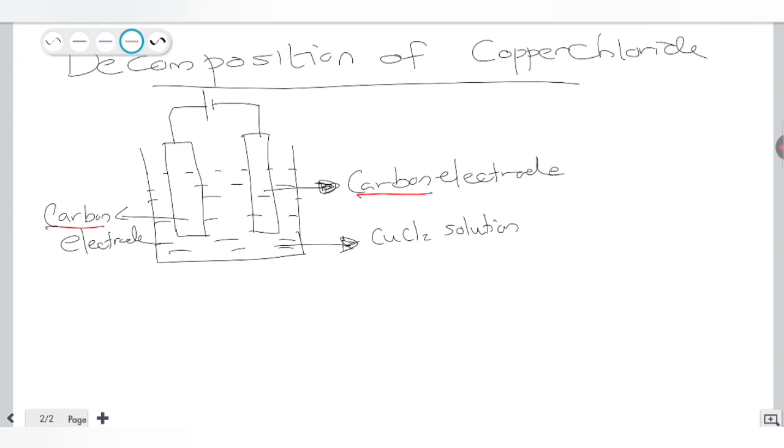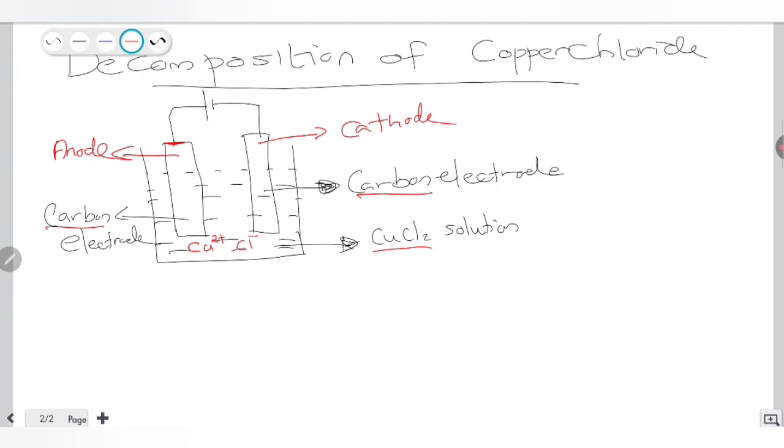Then we connect this electrode to the positive side, which means this is our anode, and this is our cathode, because it is connected to negative. The solution is copper chloride solution. In a solution, the copper and chlorine exist as ions, so we have Cu2+ ions and Cl- ions.